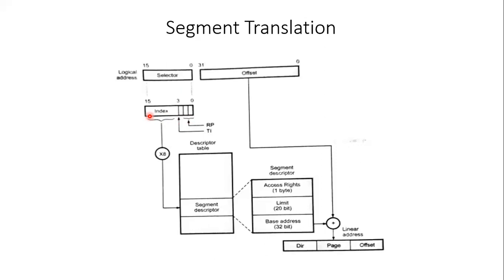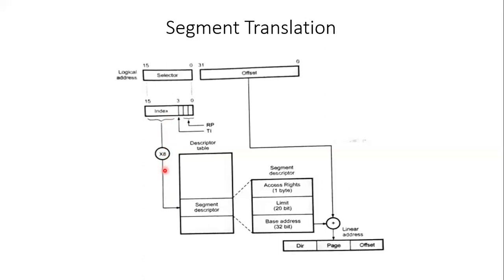The 13-bit index part of a selector is multiplied by 8, and it is used as a pointer to the desired descriptor in a descriptor table. Why does it use a pointer?